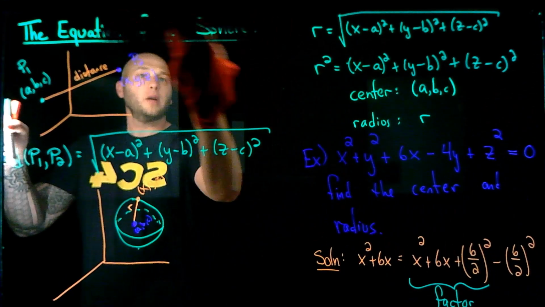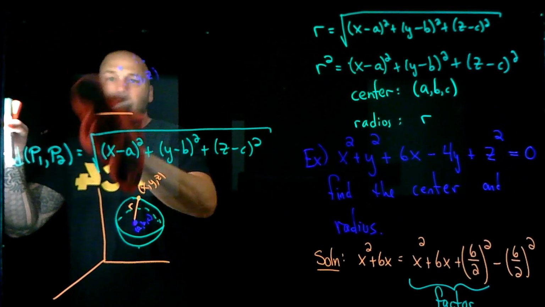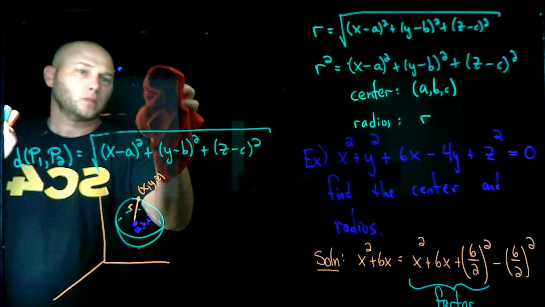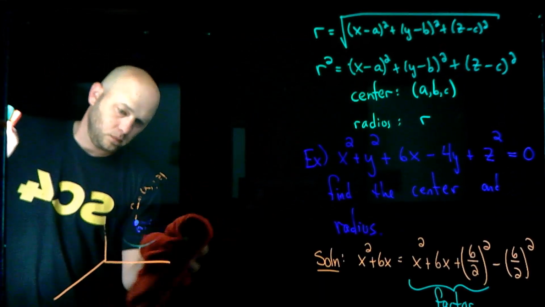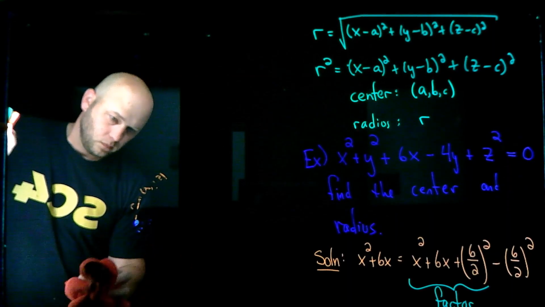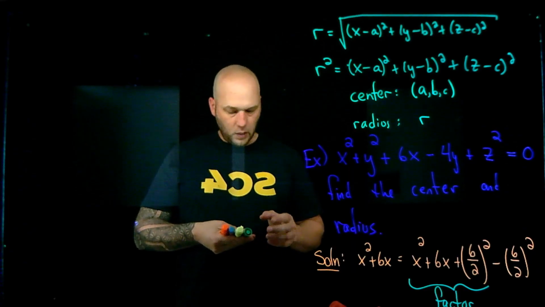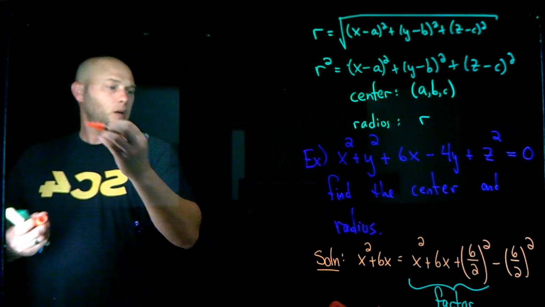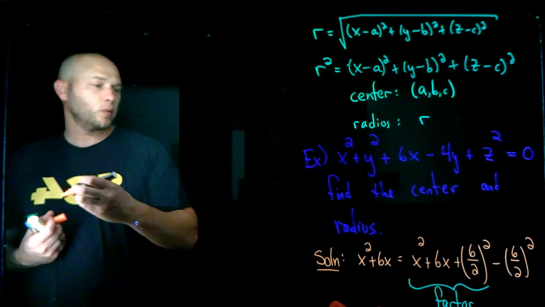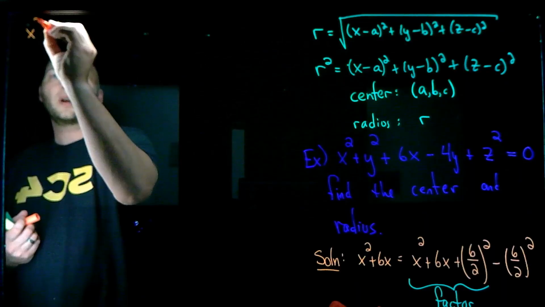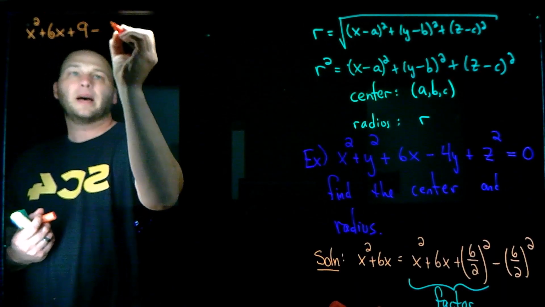Come over here, get rid of this stuff. Okay, so that would give me, first of all, of course, let's do this. 6 over 2 is 3, so that's 3 squared, which is 9, so that is x squared plus 6x plus 9 minus 9.